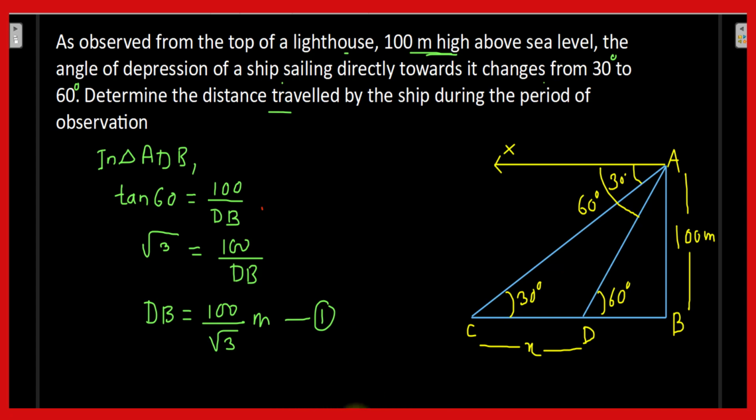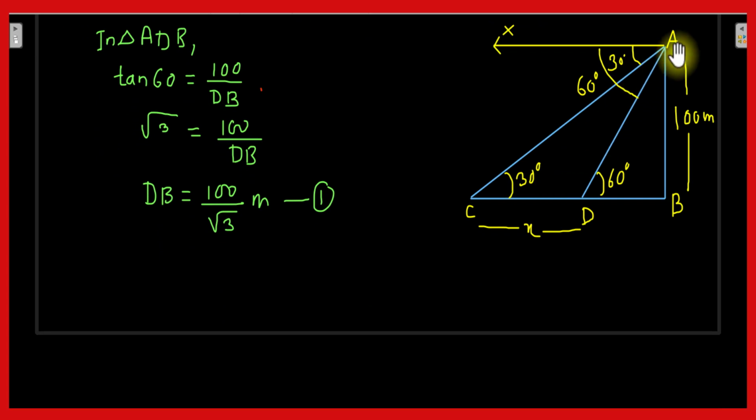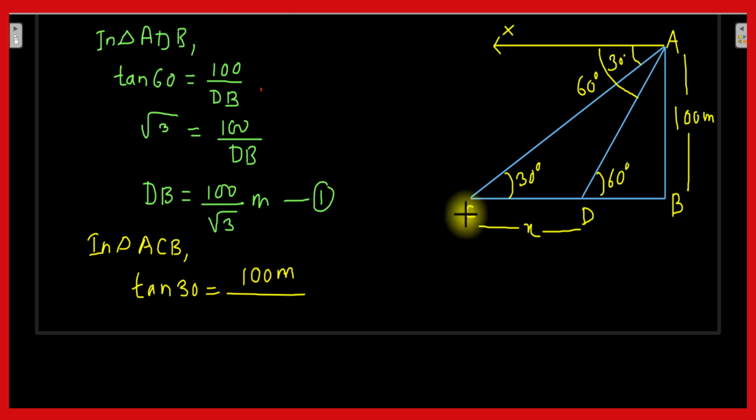Now we will take the other triangle, that is triangle ACB. Here tan 30 is equal to opposite side upon adjacent side. The opposite side is AB, that is 100 meter, upon the adjacent side, which will be CD plus DB.